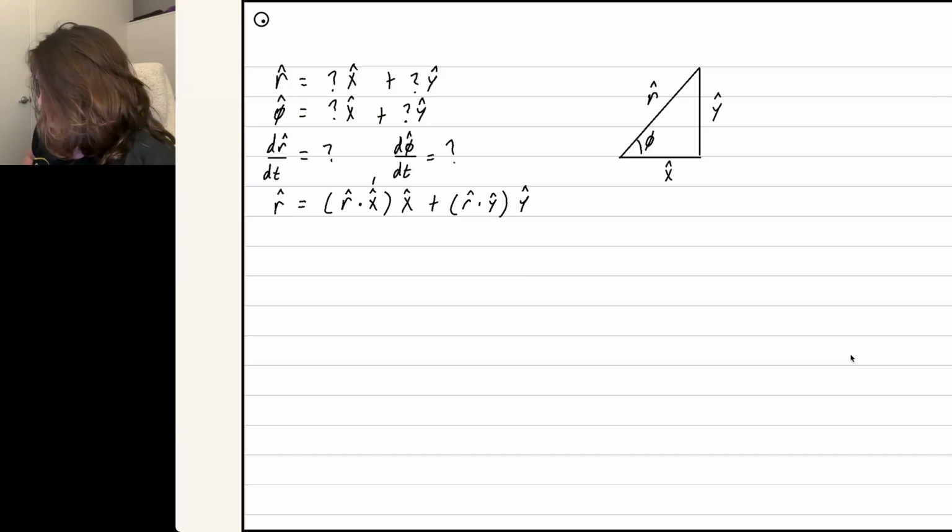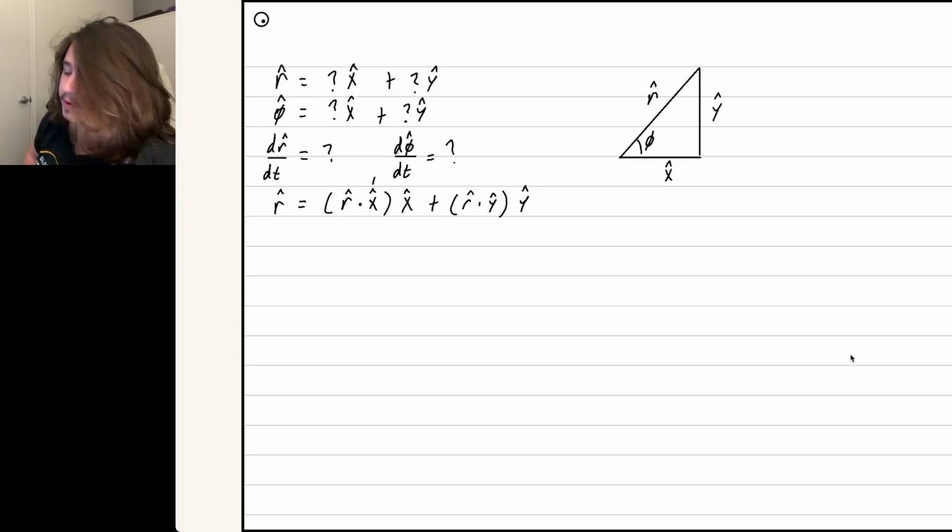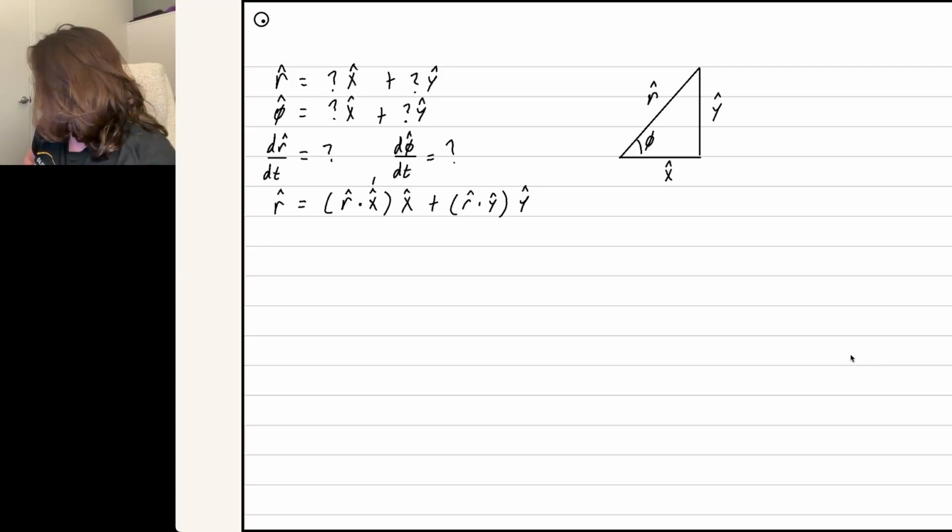So r hat is equal to r hat dot x hat times x hat plus r hat dot y hat times y hat. So that's pretty awesome.